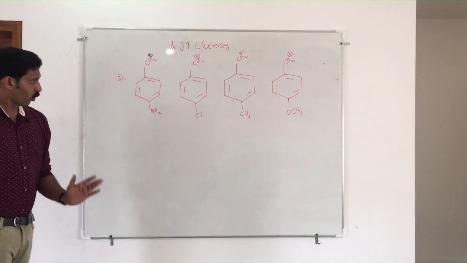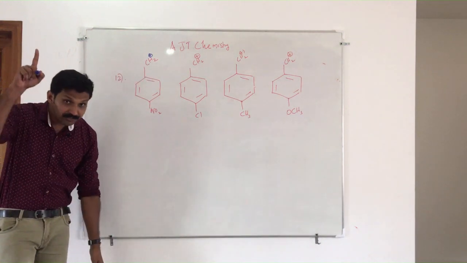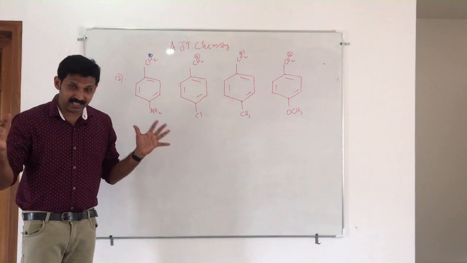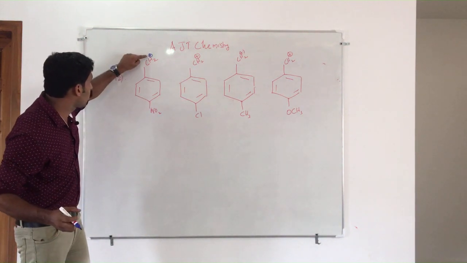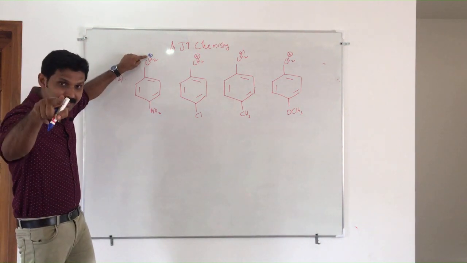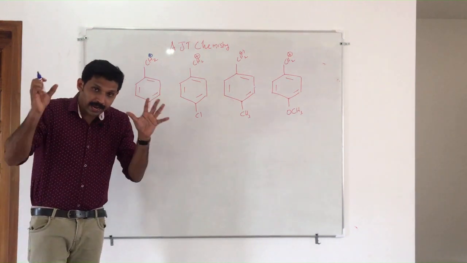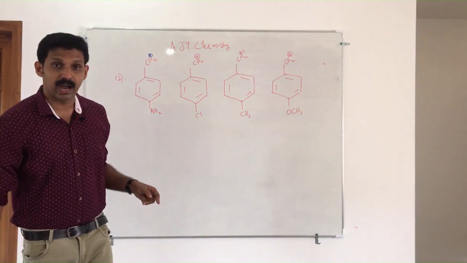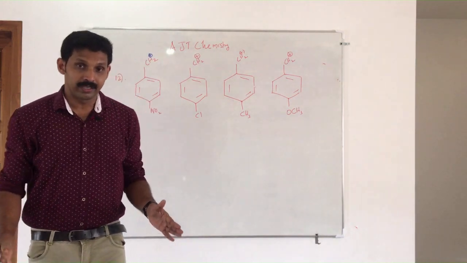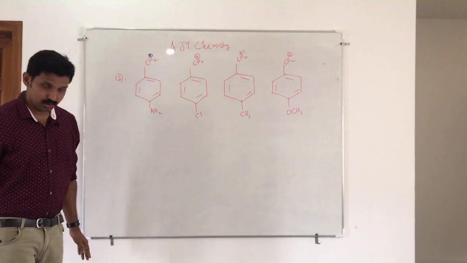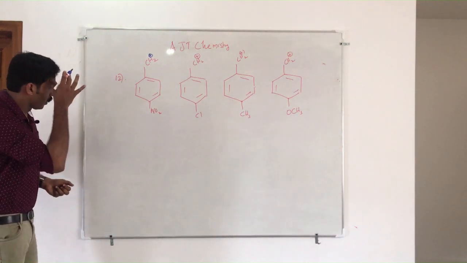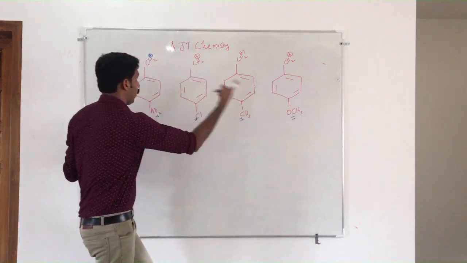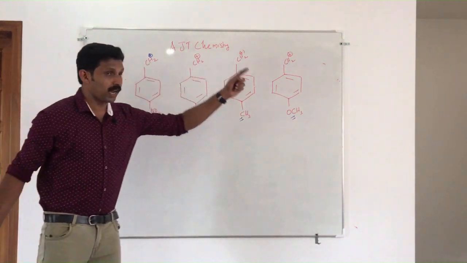I told you that if there is any factor that increases the positive charge on the carbocation, it destabilizes the carbocation, or any factor which decreases the positive charge on the carbon atom increases the stability of carbocations. If so, look at how NO2, chlorine, CH3 and OCH3 affect the positive charge on the carbocation.